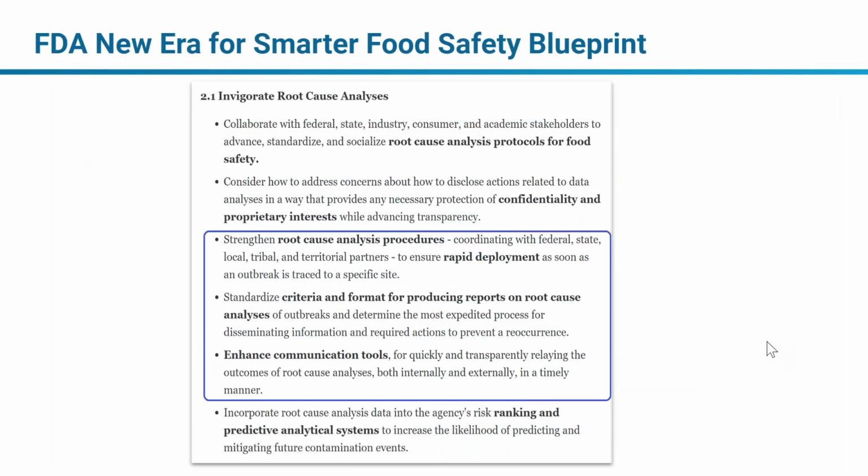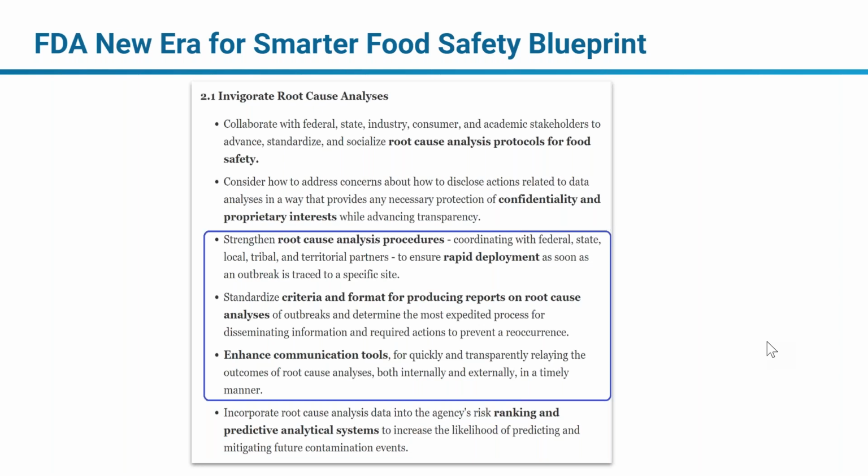So based on what we just saw, tying the 5 Why example to the FDA New Era of Smarter Food Safety Blueprint, you can easily and quickly start this root cause analysis process utilizing the already dedicated forms.